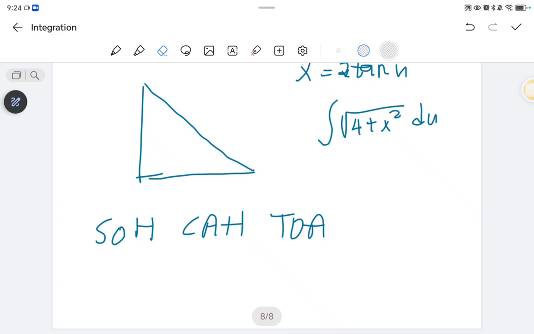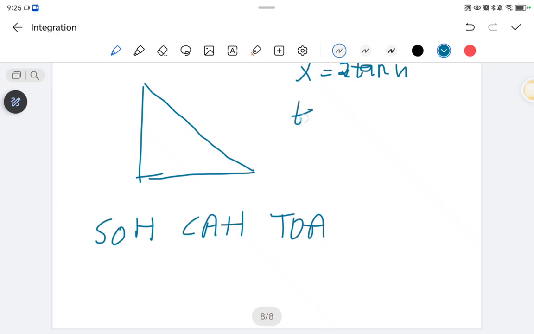We had something like SOH CAH TOA. So if I substitute the formula for tan u, I'm going to have tan u equal to x over 2. We agree, right? Tan u will be equal to x over 2.